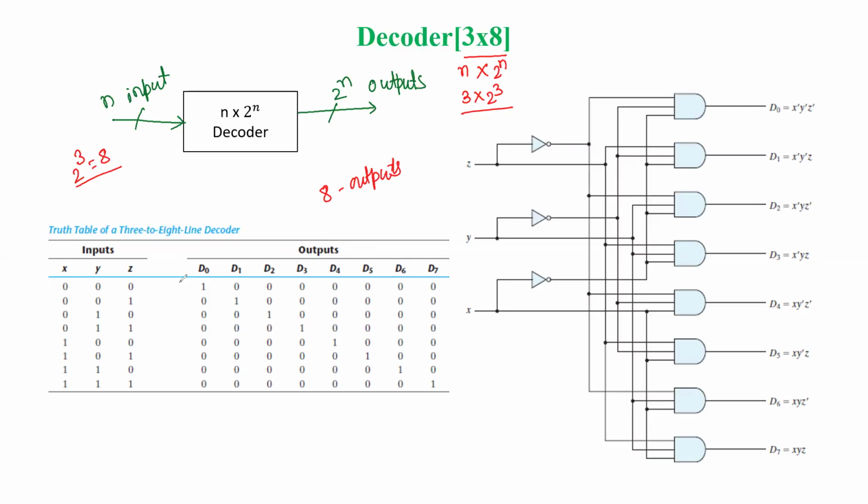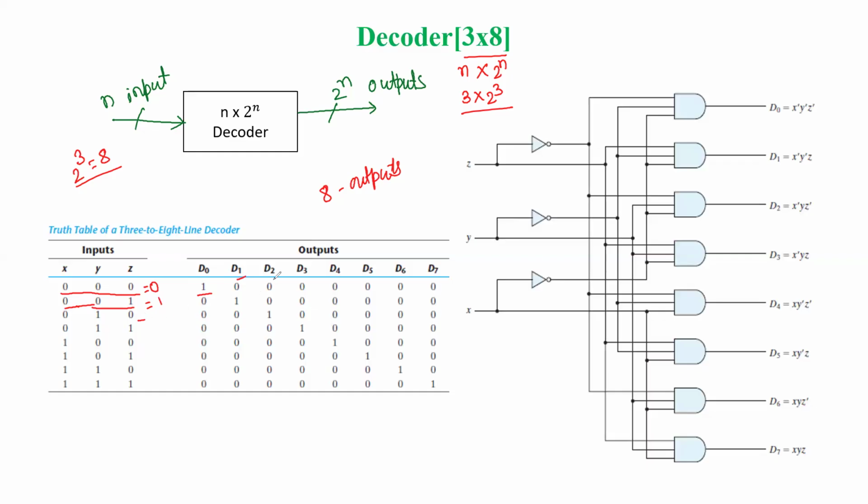In each case, whenever the combination of the input is 0, 0, 0, D0 is 1. To remember it easily, this binary equivalent in decimal is 0, so that's why the subscript is 0. Similarly, we have 001, which in decimal is 1, so D1 is 1.